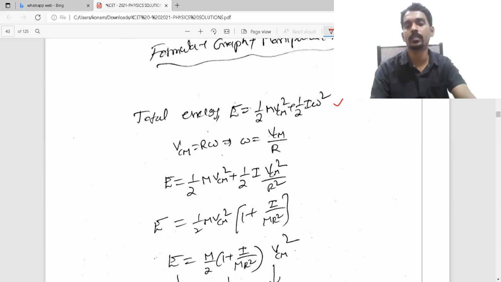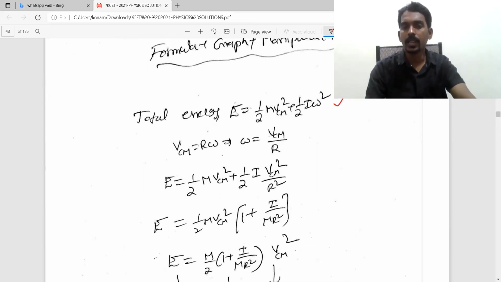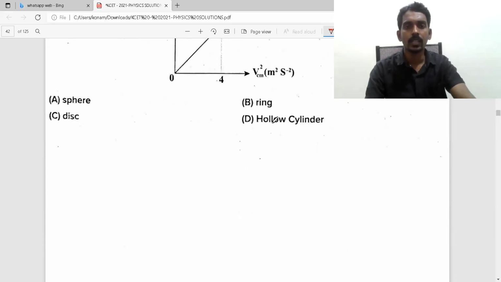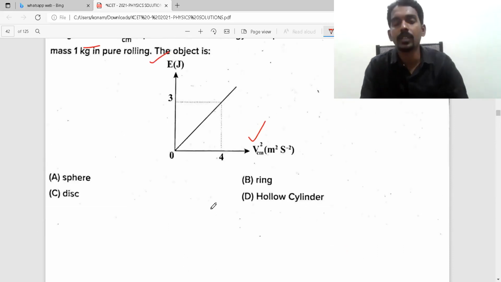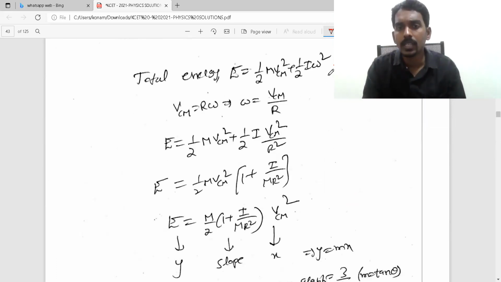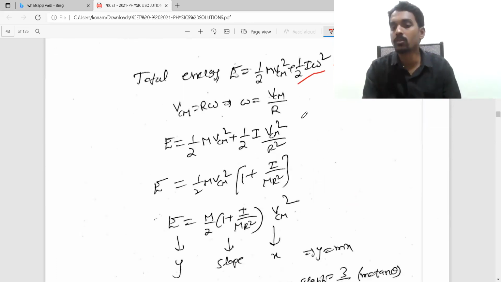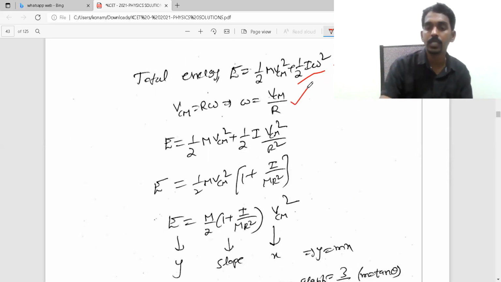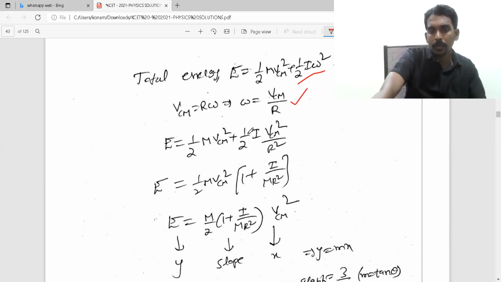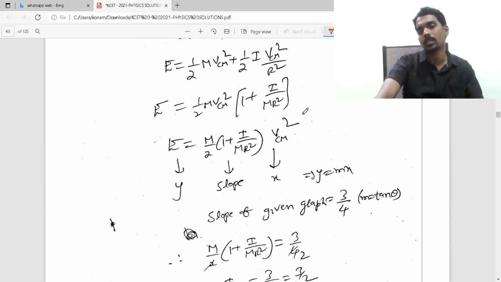This is the total energy. And they are asking the graph between total energy and velocity of center of mass. So here the rotational kinetic energy also you should convert in terms of VCM, where omega value we know that VCM by R. So multiple formulas and manipulation of formula is there.